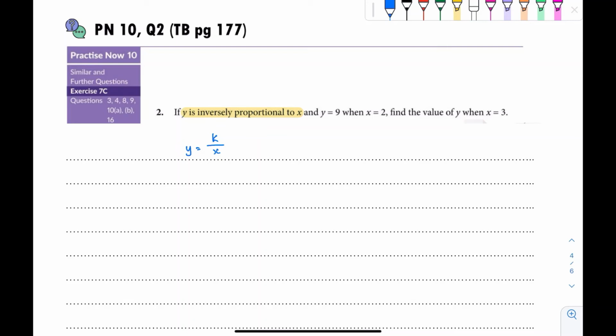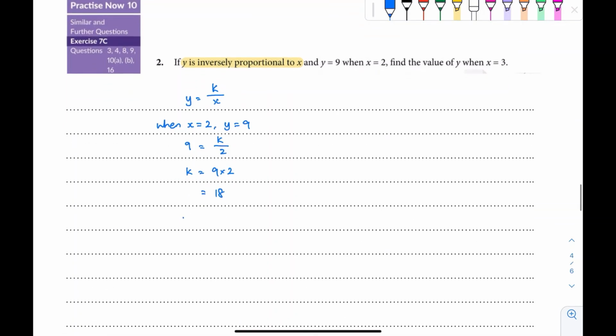Then we need to find out what is the value of k. So we make use of the information that when x equals 2, y equals 9. So we substitute: 9 equals k divided by 2. So therefore k equals 9 times 2, which equals 18. So therefore y equals 18 divided by x. That will be the equation that represents this question.